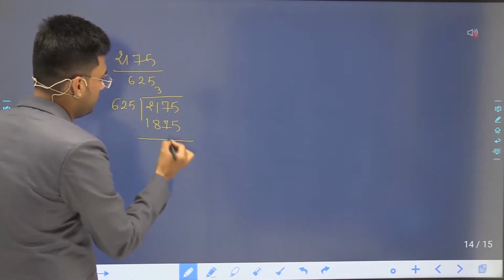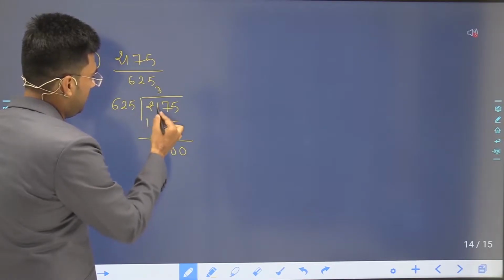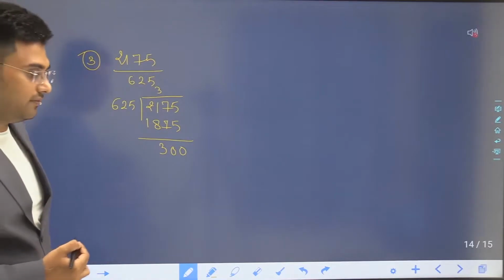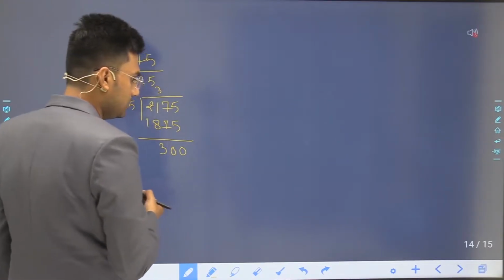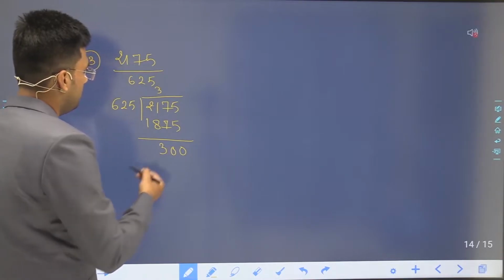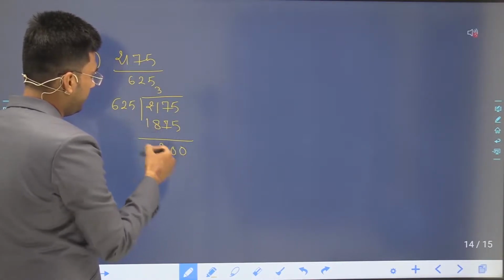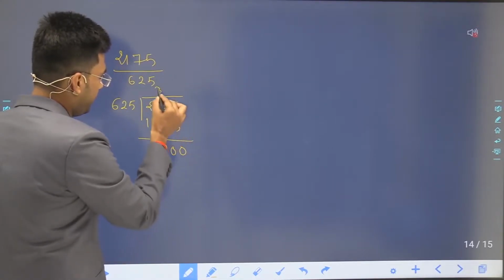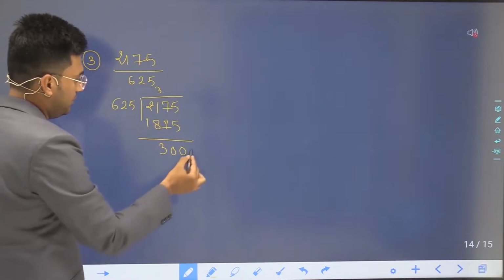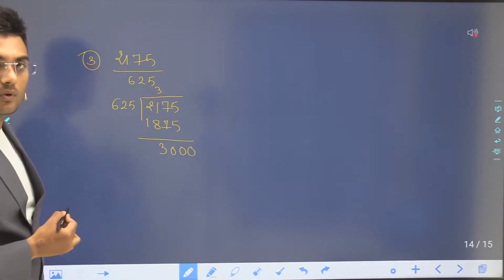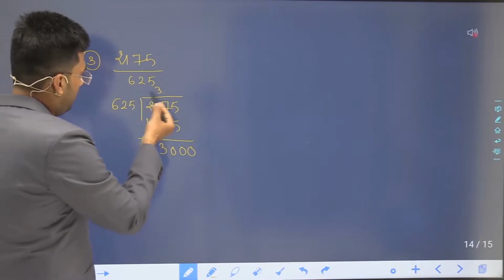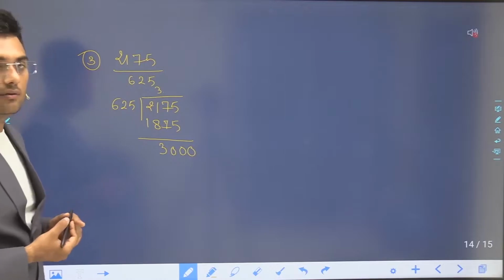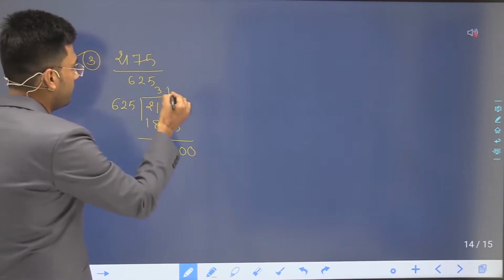Now the difference is 300. Now 300 is not divisible by 625. So let's take the decimal, 3 point, then here is 0. Now it goes 5 times, 6 fives are 30. No, it is not 5 times, it is 4 times.